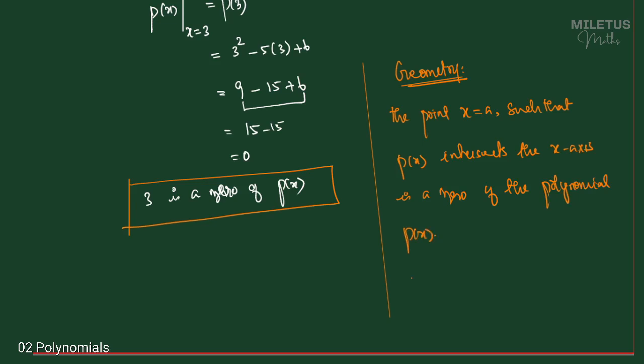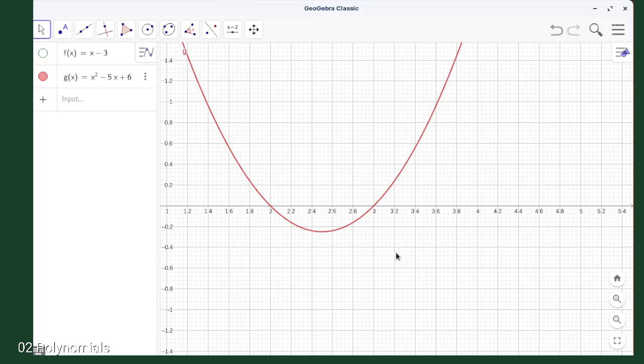Hopefully that makes sense. If you go back to the diagram, this is the polynomial, and the point x equal to 3 makes the polynomial intersect the x-axis. In other words, wherever the polynomial p intersects the x-axis, those points are called zeros of the polynomial.